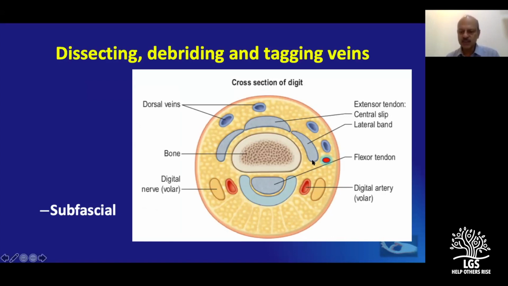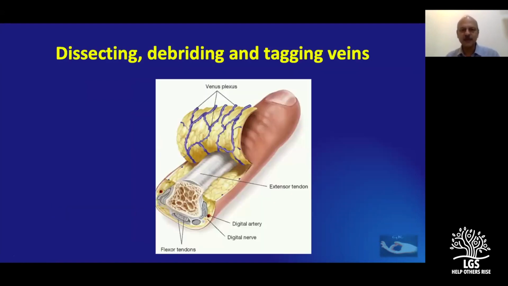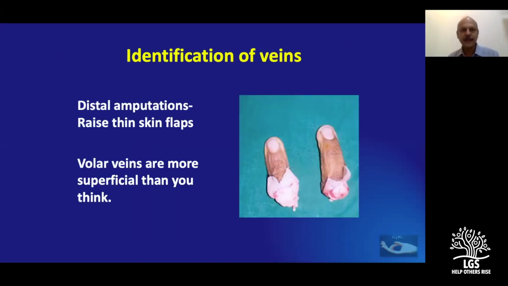If you make the incision like this, just over the extensor tendon, and raise the flap, this is what you'll see. In this incision, when you make it subfascial, you're seeing the veins on the undersurface. You are accessing the veins from the undersurface. You can select which veins you want, dissect them out and bring them down. So this is the second type of incision. The first type of incision was the subdermal. The second type of incision is the subfascial.